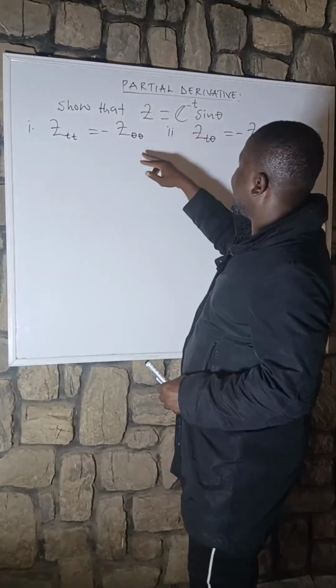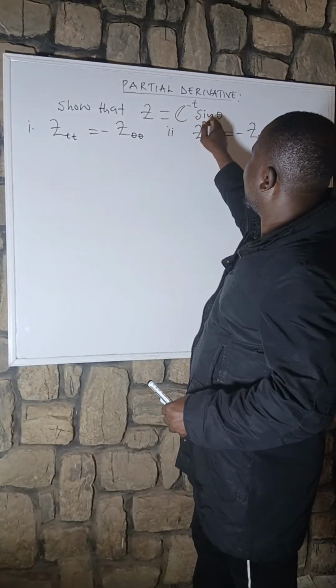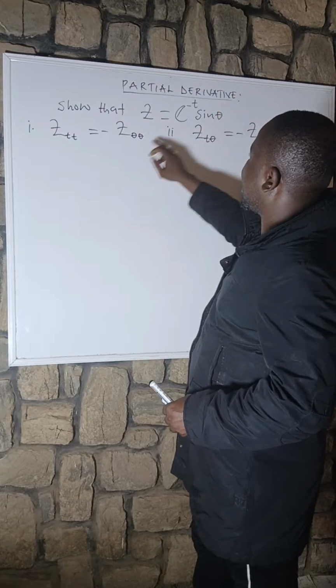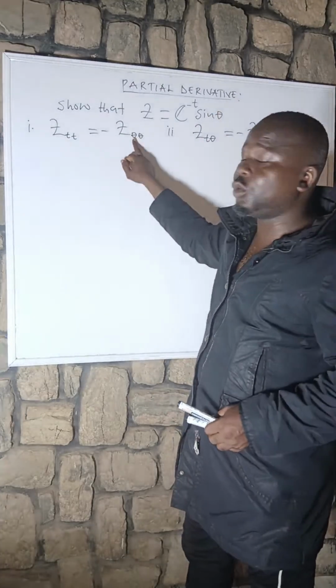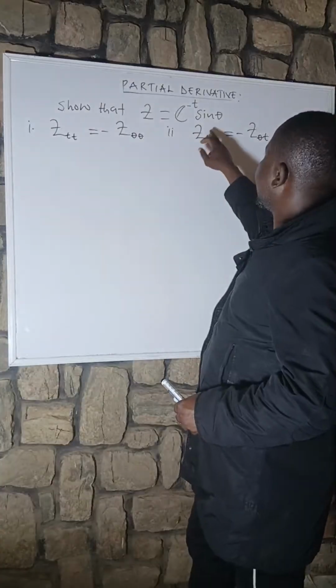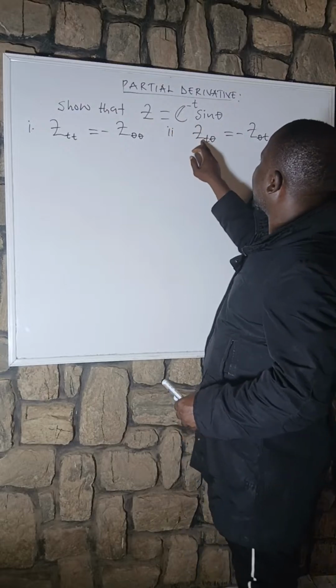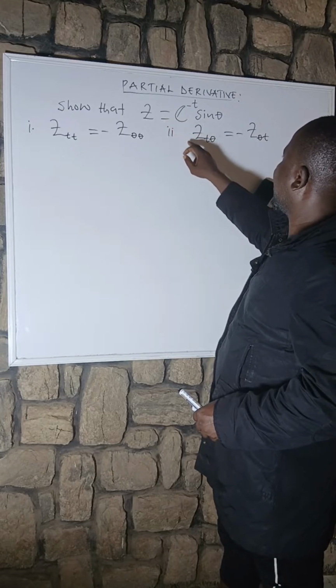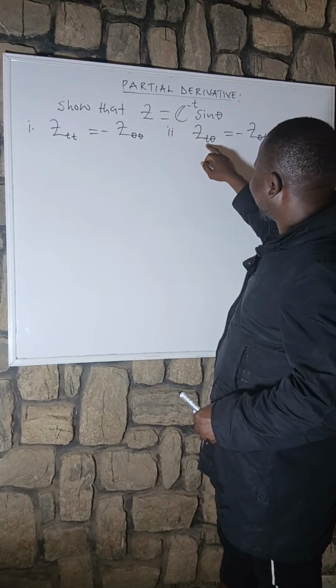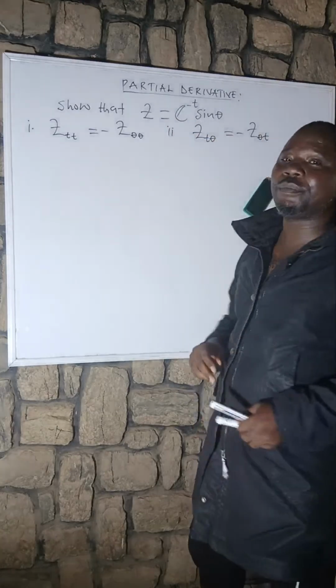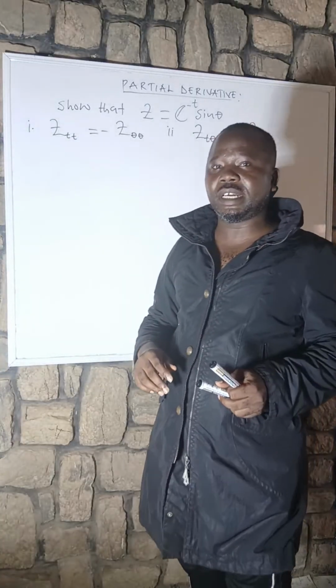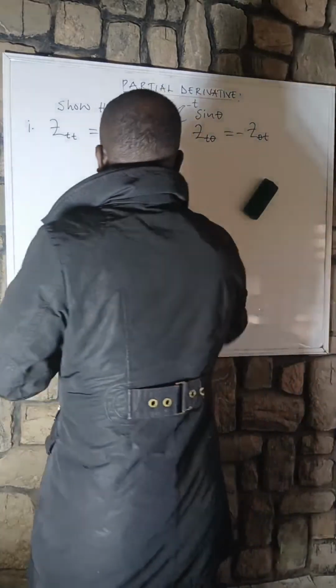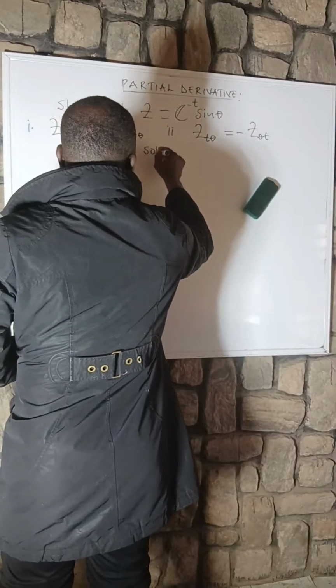Likewise, we have to differentiate this function with respect to theta. How many times? Here, twice. Then here, we should differentiate this function with respect to t and theta. I'll break it down for you. Is that clear?